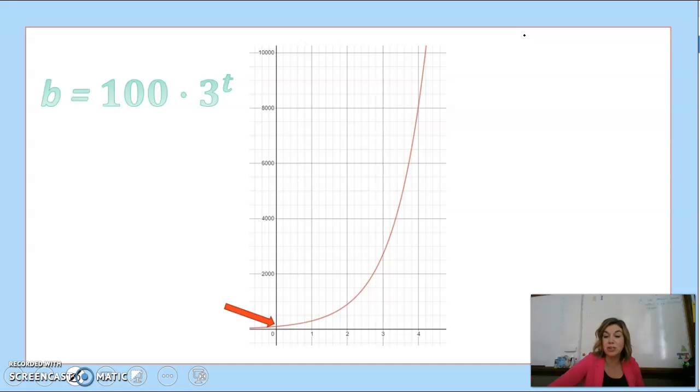That's where our graph is starting. And the times 3, just like in the equation before, is telling us that we are increasing by a factor of 3. 100 becomes 300, 300 becomes 900, 900 is now becoming 2,700. Sorry, I had to think about that. I was like, is my scale the right way? Yikes.